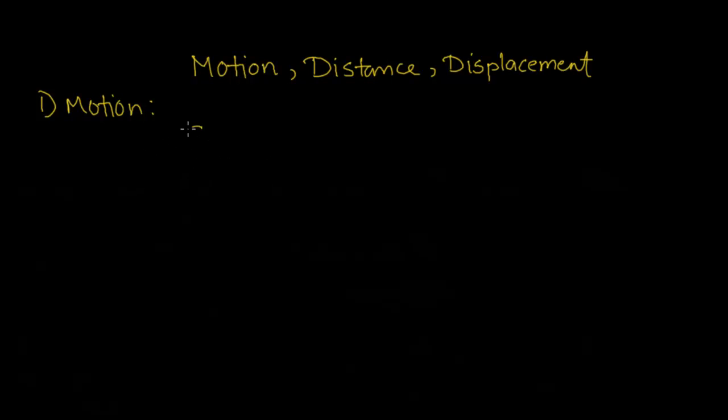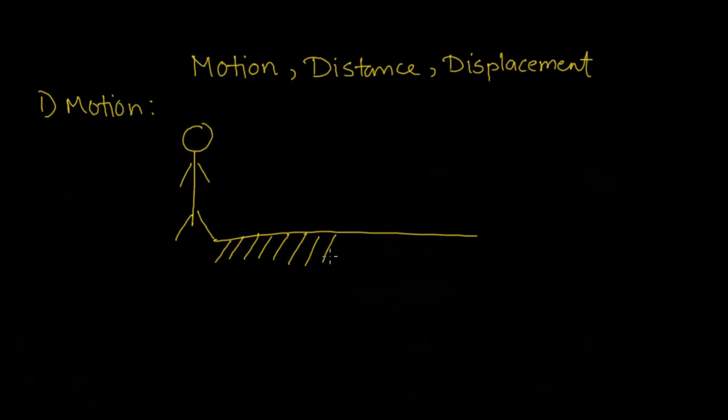Suppose you are standing over here, and this is some ground and you are obviously standing on the ground. You are playing with some ball and you threw the ball, you rolled the ball in this direction, and the ball is rolling like this and is moving in this direction.